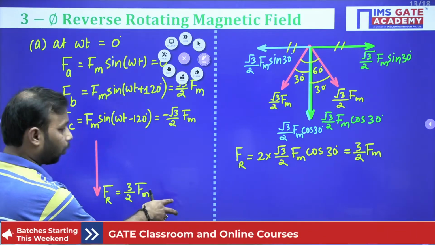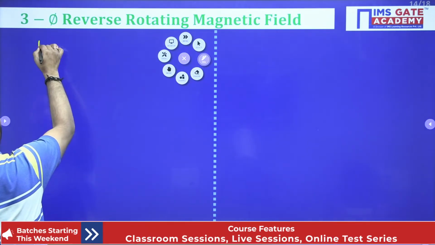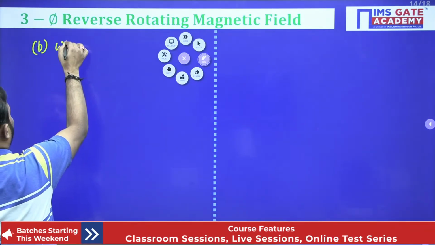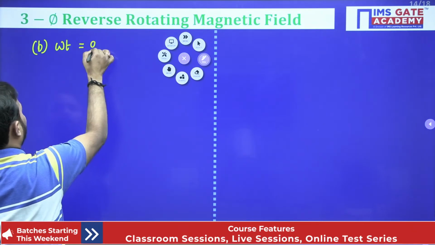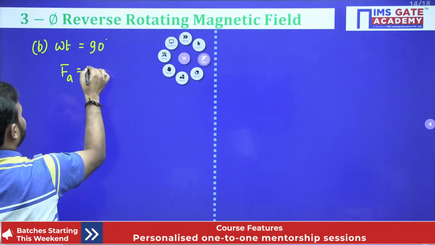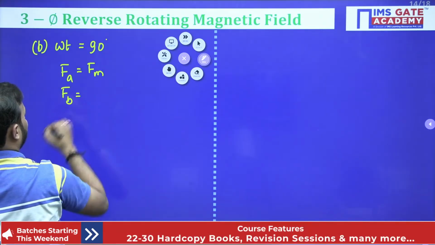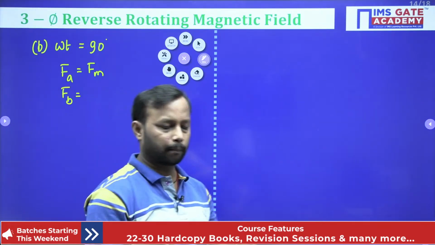Done. Now let us take one more instant, at omega t equal to 90 degree. Your FA is FM sine 90, which means FM. FB is FM sine omega t plus 120 degree.